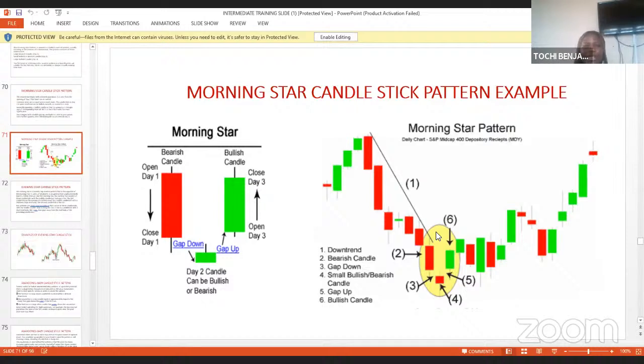Why? Because I already understand that it's happening on a support or a very key level of interest for me. If I'm looking at daily candlestick or H4, this has formed the first day. The second day, I get a hammer. Especially if that hammer has a very long wick, I will trade it as a hammer, knowing that the third day will possibly give me a morning star.